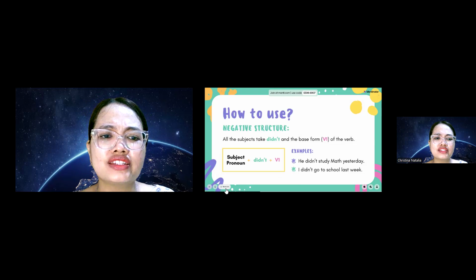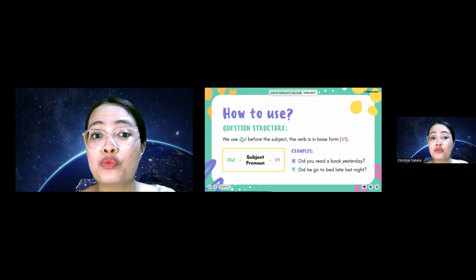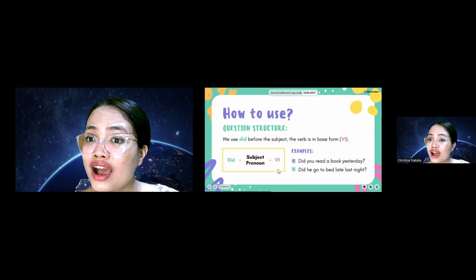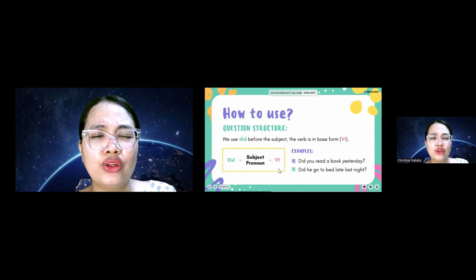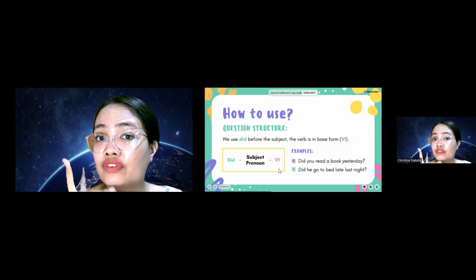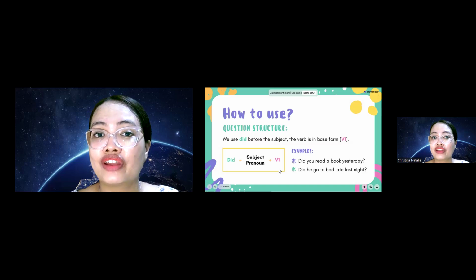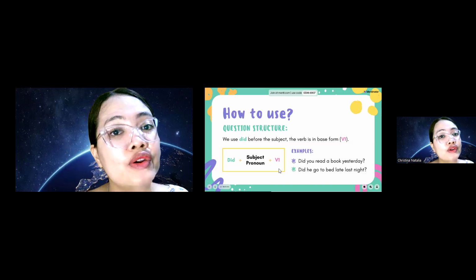How about the question structure? We use did. Remember, we use did in the beginning, before the subject. So did, subject, and then verb one. So you can conclude that in the simple past tense, only the positive uses verb two. But in the negative and the question, don't forget to use verb one.